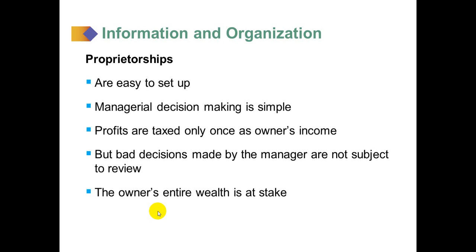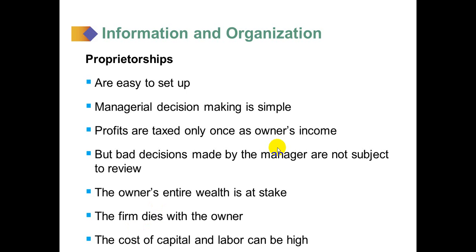But there are disadvantages: bad decisions made by the manager are not subject to review, and the owner's entire wealth is at stake. The firm dies with the owner. This is the disadvantage of proprietorship. Also, the cost of capital and labor can be high.